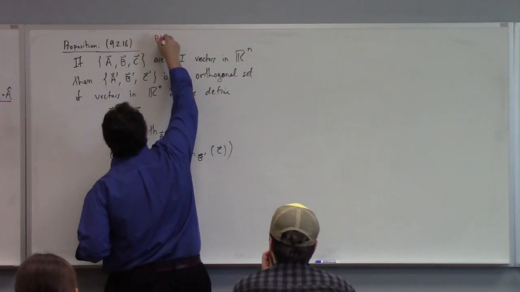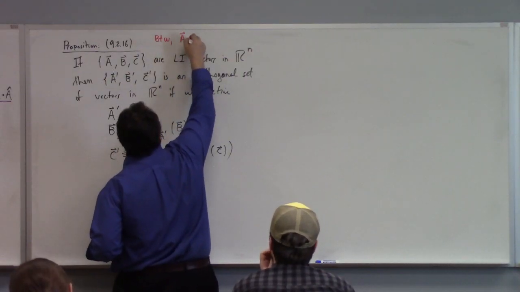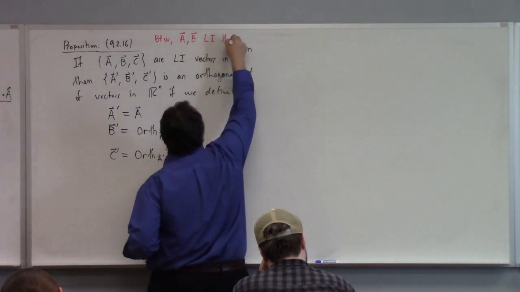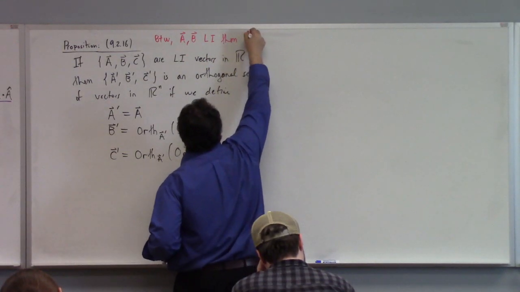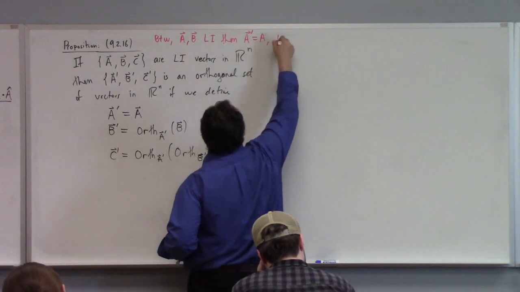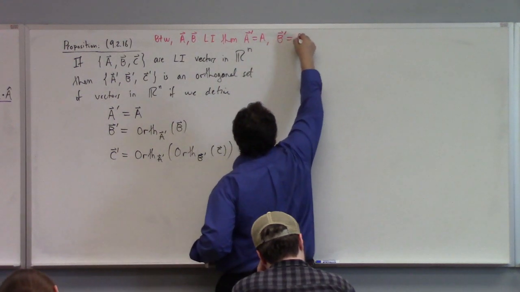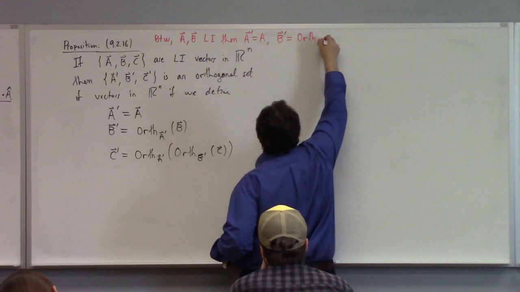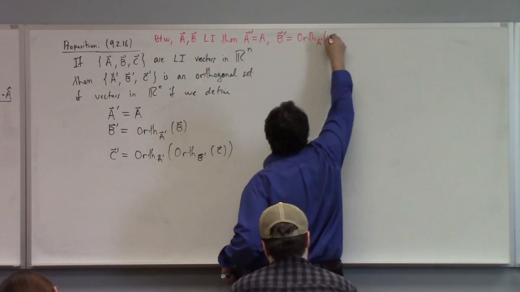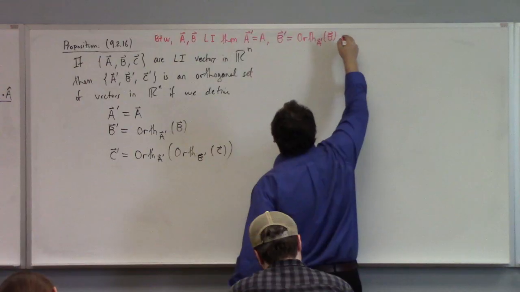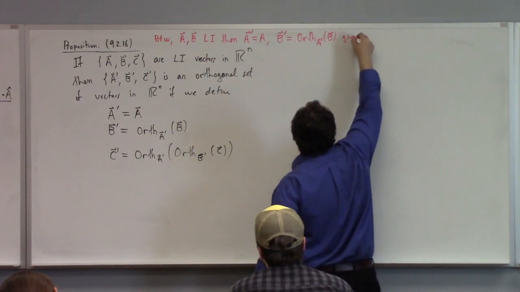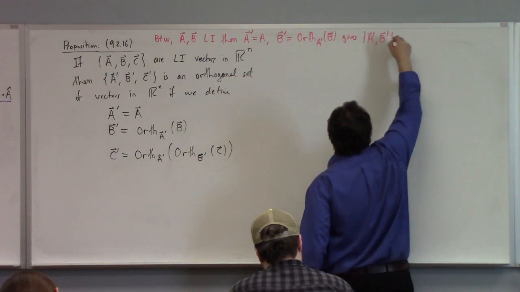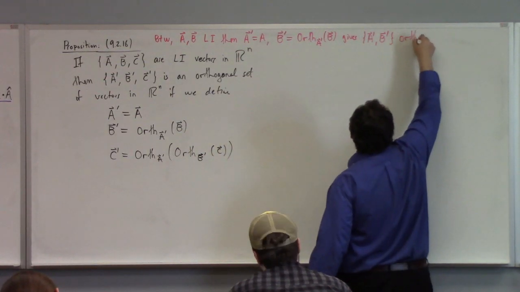By the way, if we have A and B linearly independent, then A prime equals A, B prime equals the orthogonal projection in the A prime direction of B, gives A prime, B prime orthogonal, right?